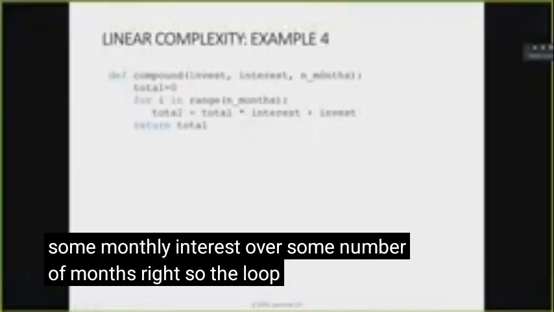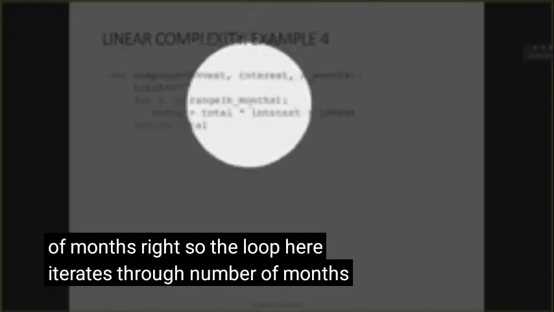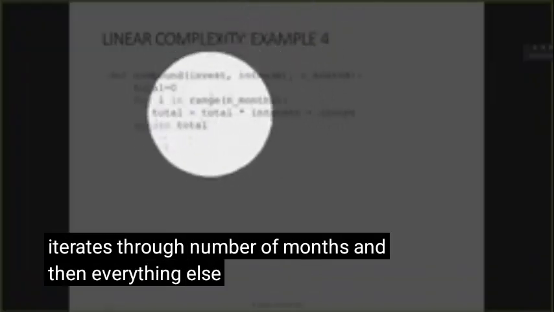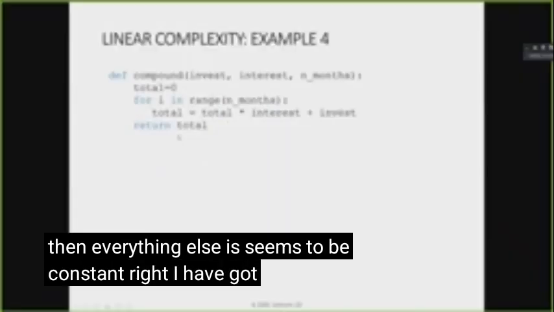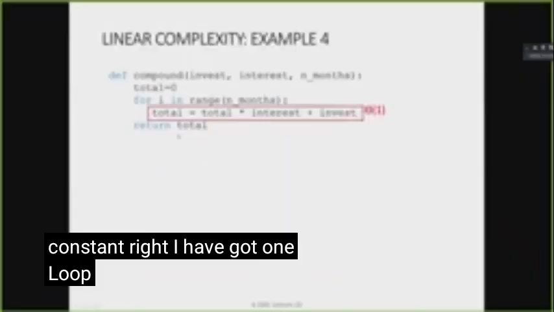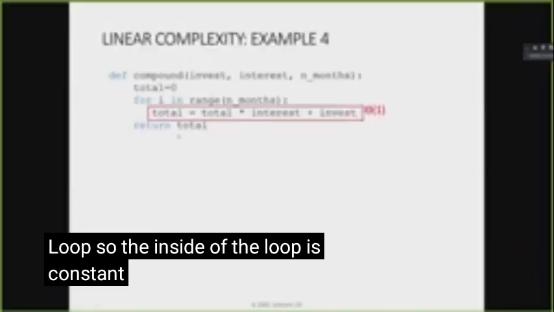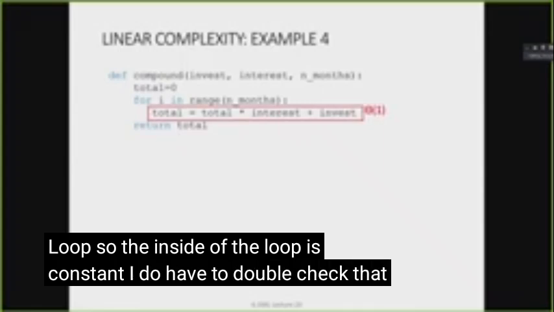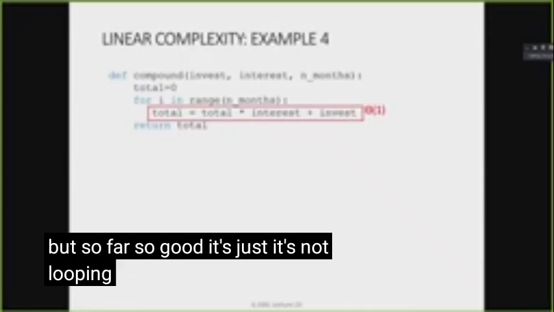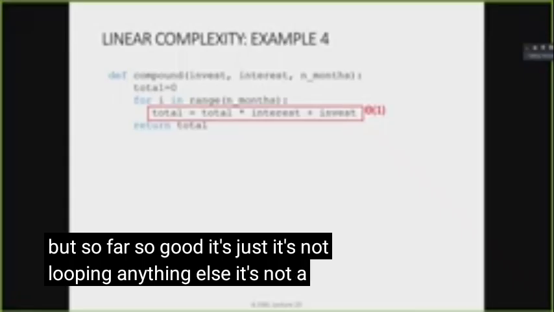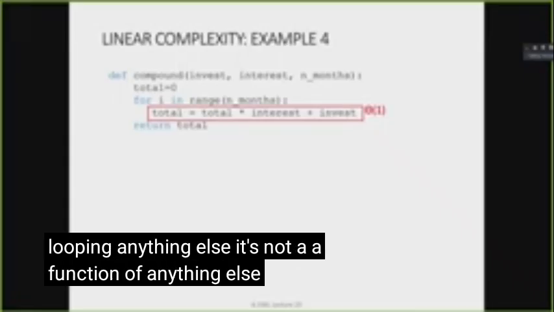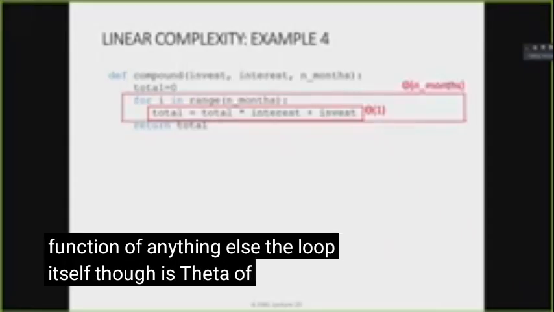So the loop here iterates through number of months, and then everything else seems to be constant. I have got one loop. So the inside of the loop is constant. I do have to double check that, but so far so good. It's not looping anything else. It's not a function of anything else. The loop itself, though, is theta of n months.